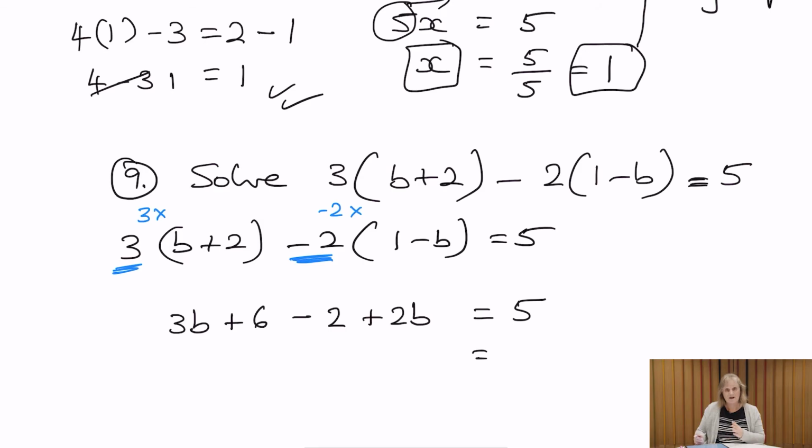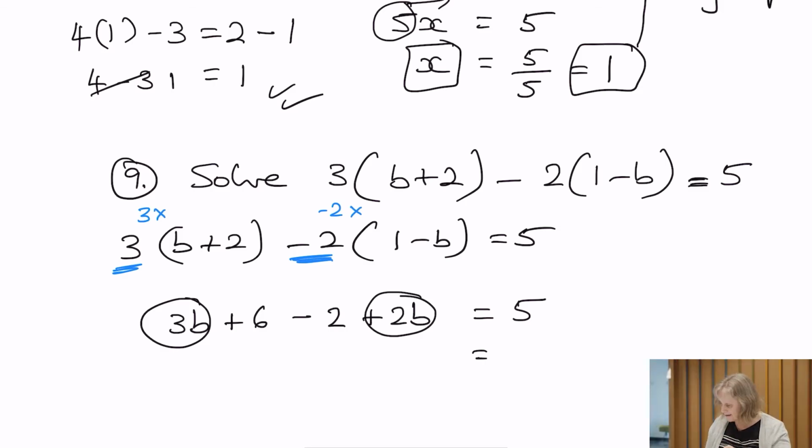Now we can regroup and put all the like terms on one side and the other terms on the other. I've already got 3b plus 2b, so I'm going to add those two together as like terms. 3b plus 2b is going to give me 5b.